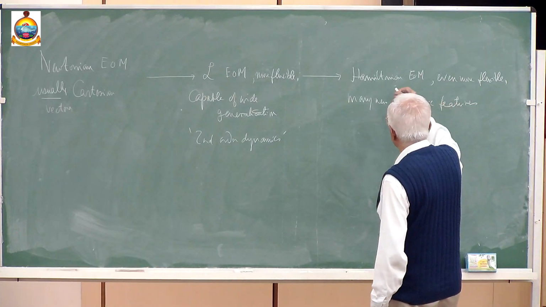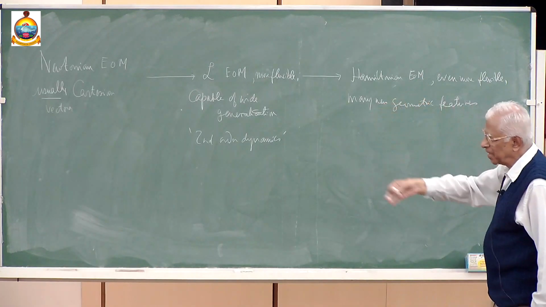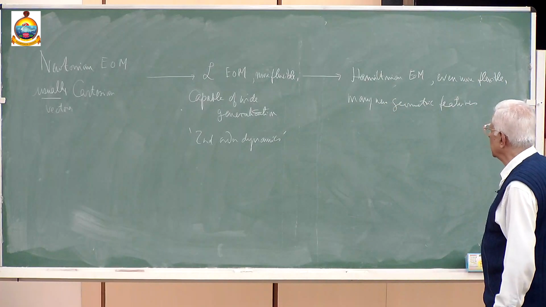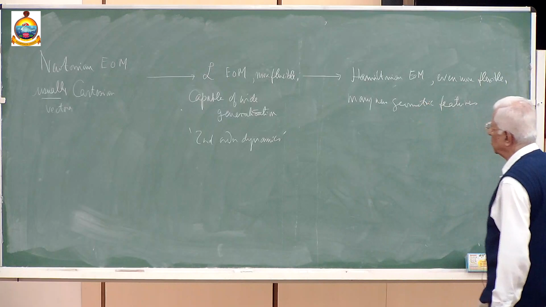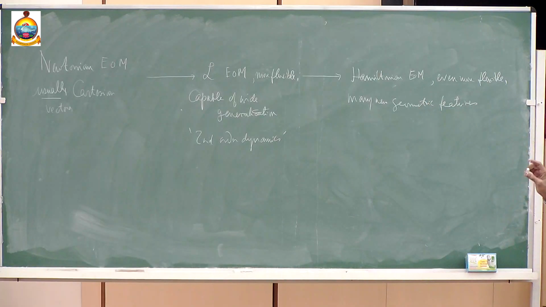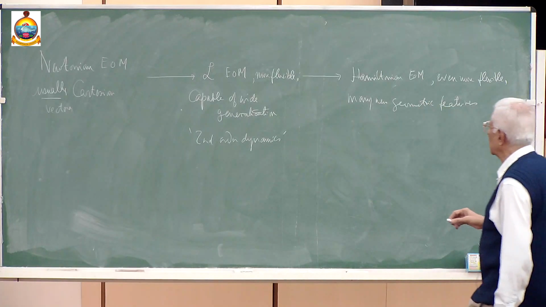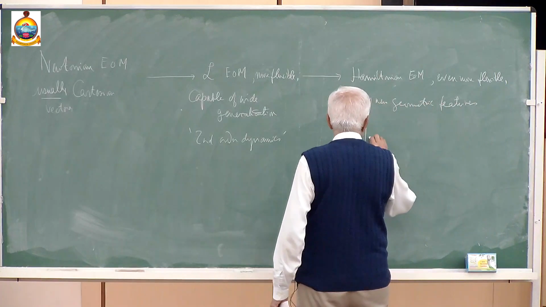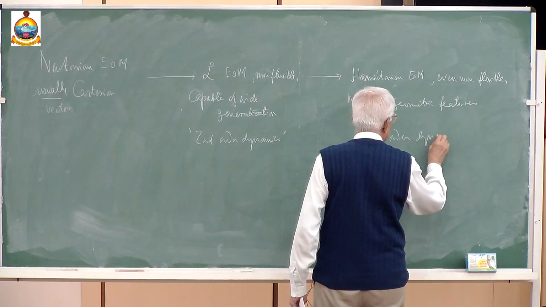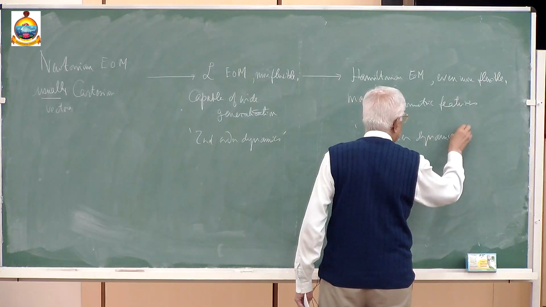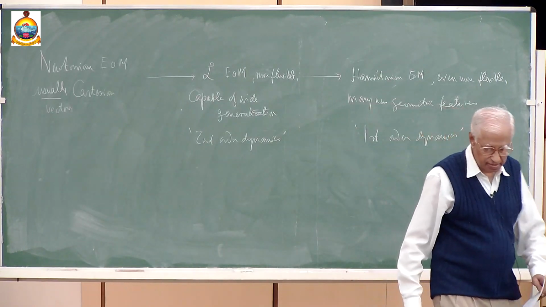So, this is very similar in spirit to what Shamik has been doing in his lectures. The equations of motion in the Hamiltonian form are first order ordinary differential equations. So, this is described by saying that it is a first order dynamics.